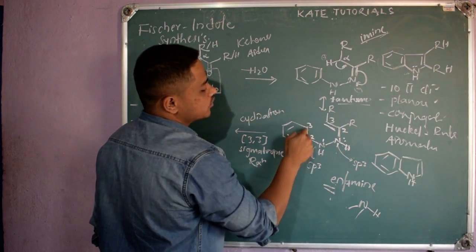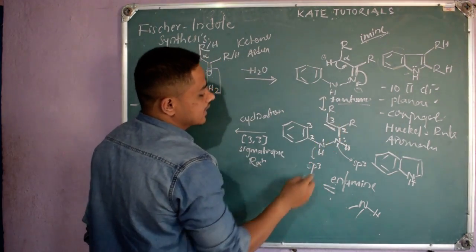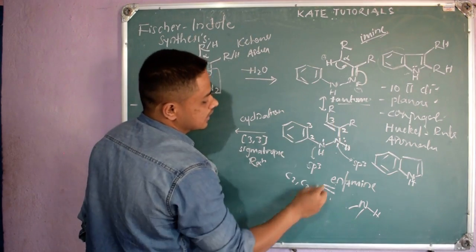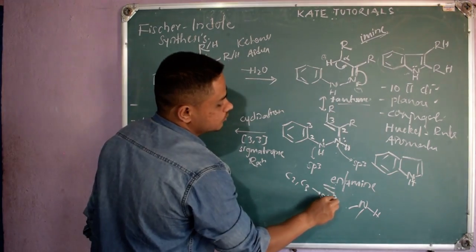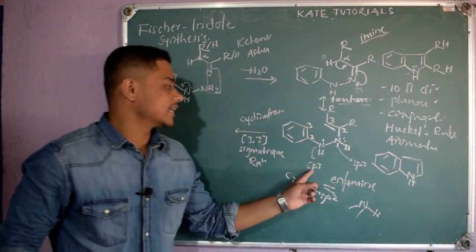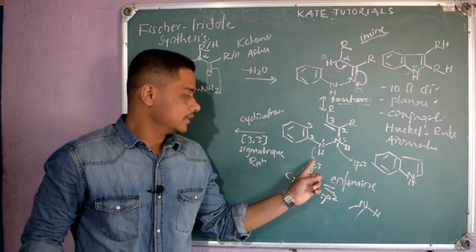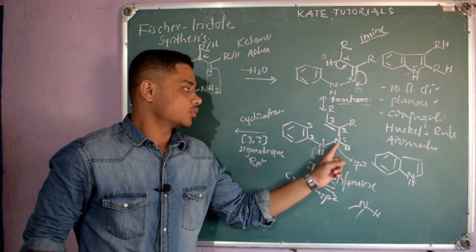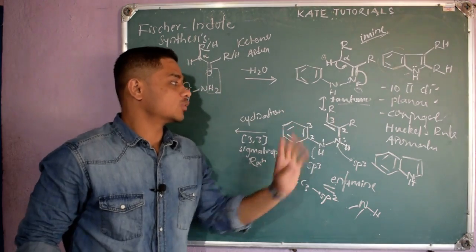These carbons, C2 and C3, and similarly here C2 and C3, are all sp2. So you number the sp3 atom, whether nitrogen or carbon, as 1, 2, 3, and the rest are sp2 carbons.